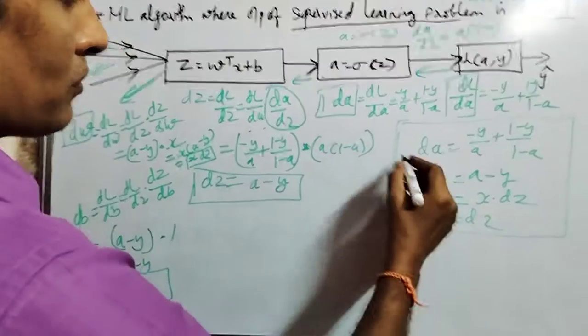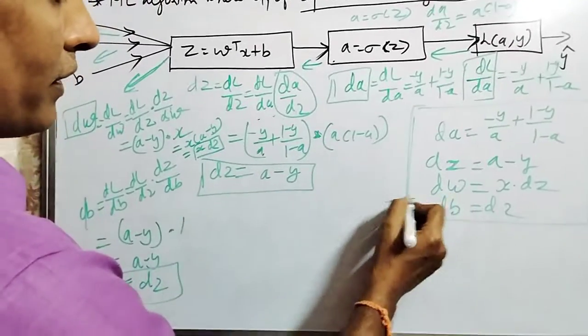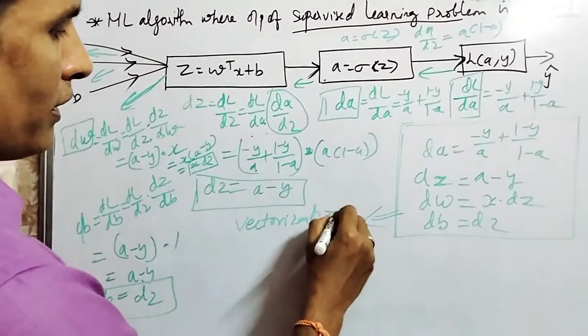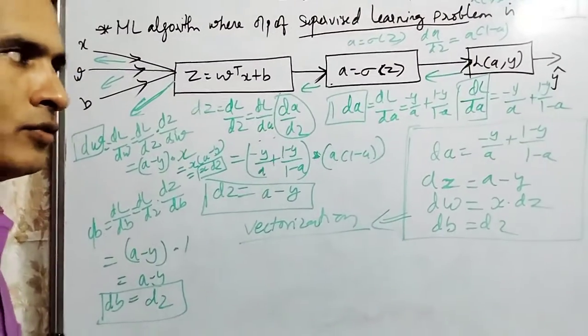Then we can also represent this in vectorized form. We use vectorization to avoid the use of for loops.